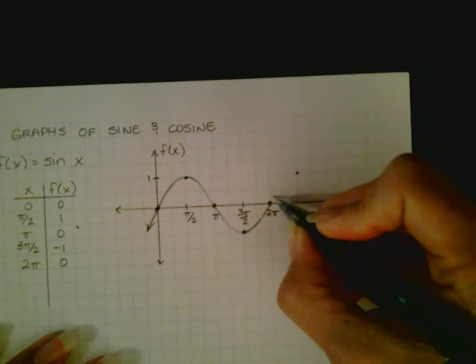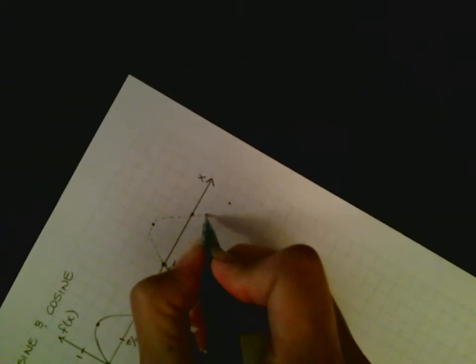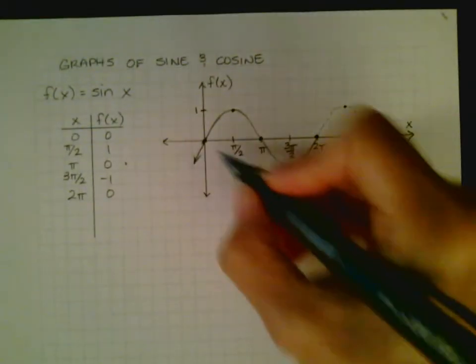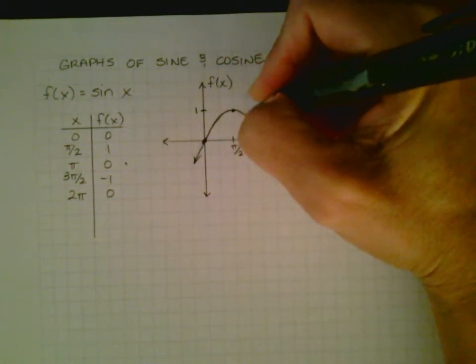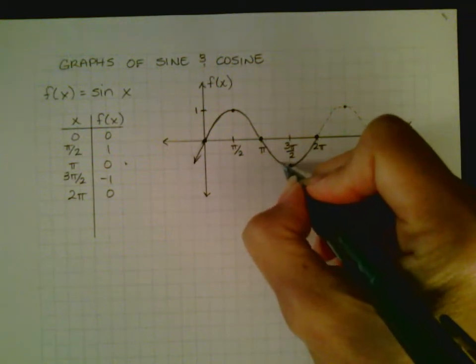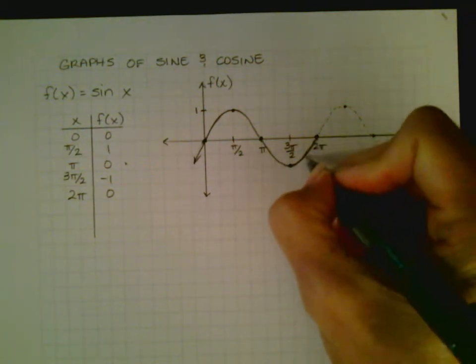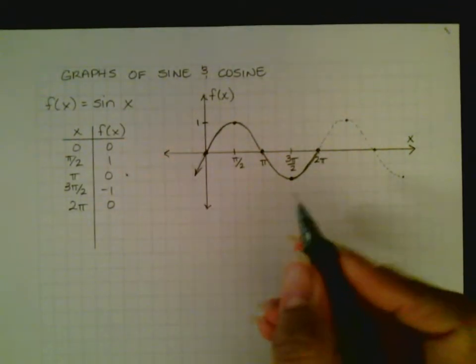But for now, I'm going to put a dashed line because I want you to know that this actually does keep going. For now, I want us to focus on this original parent function behavior of the first wave from 0 to 2 pi, because I want some terminology to be covered before we proceed.